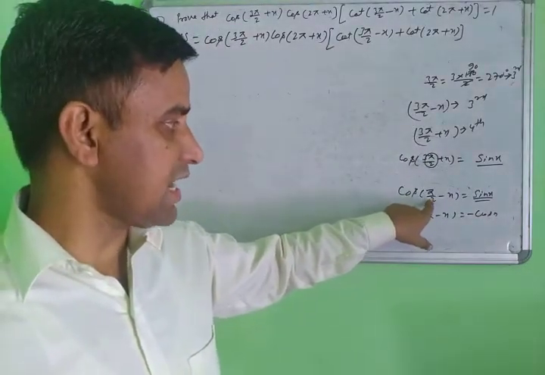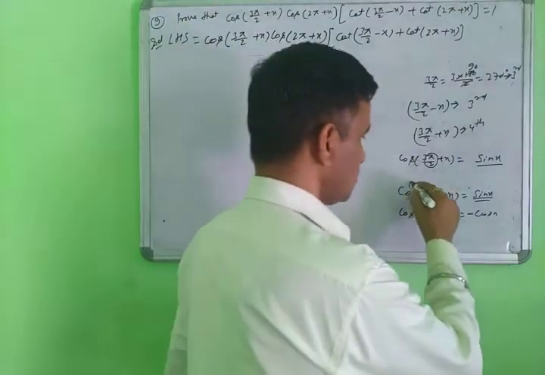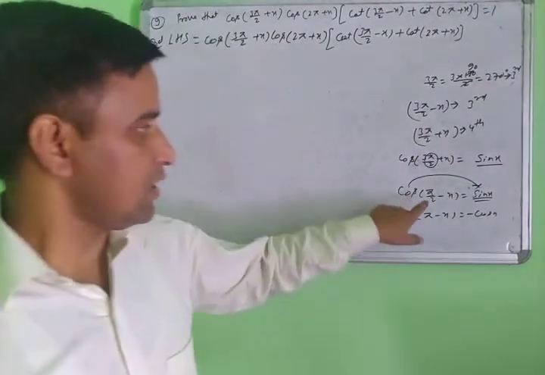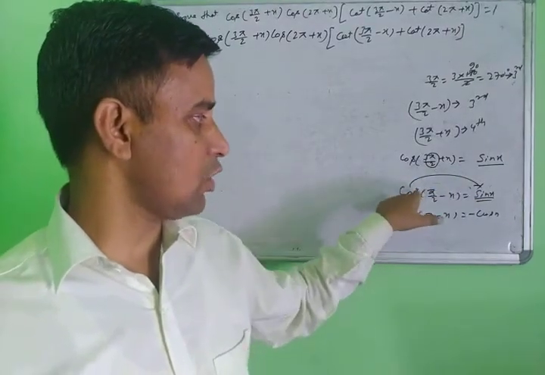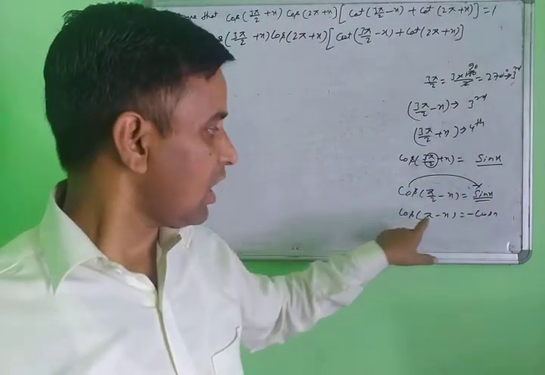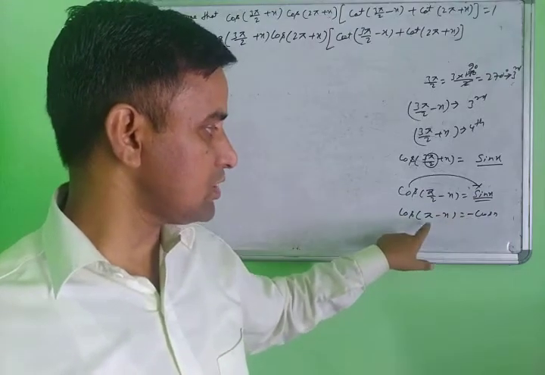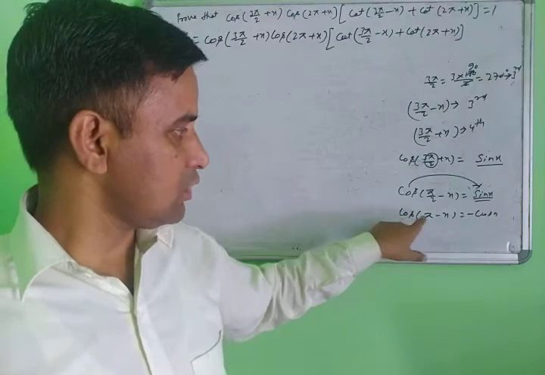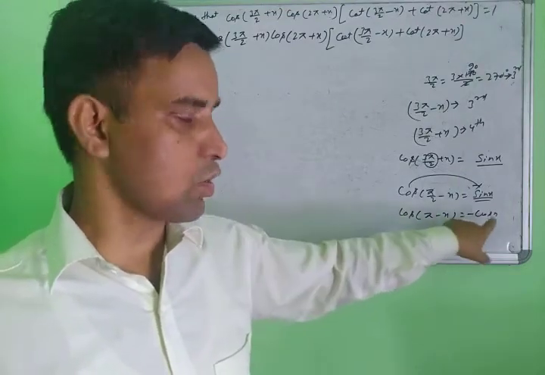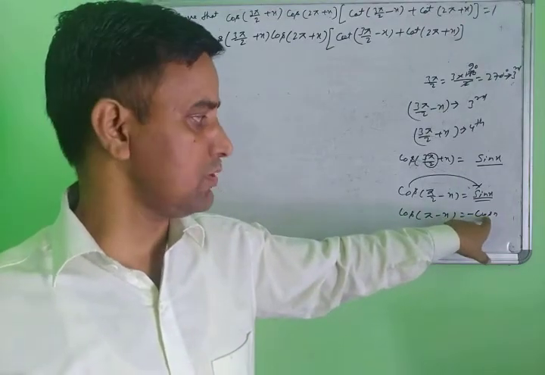So when using the 90 form, the trigonometric ratio changes: sin converts into cos, or cos converts into sin. When using the form of 180, meaning π, the trigonometric ratio will not change.